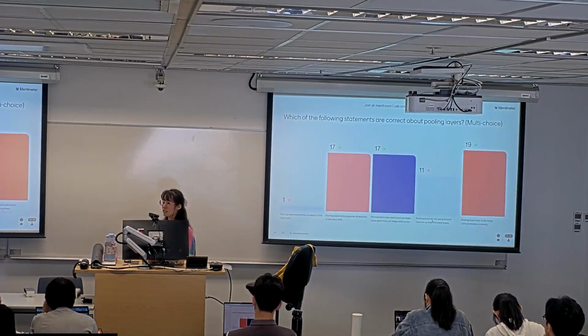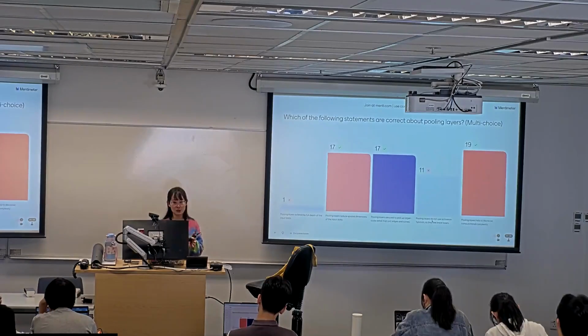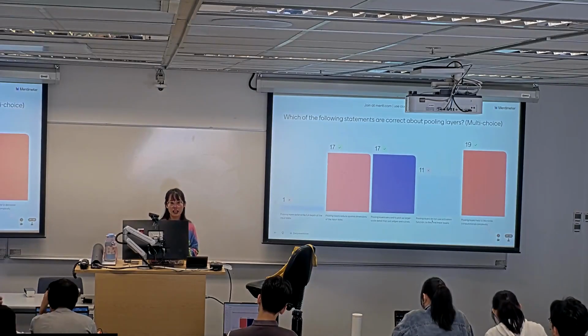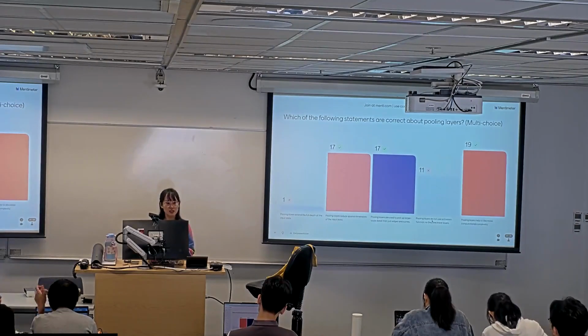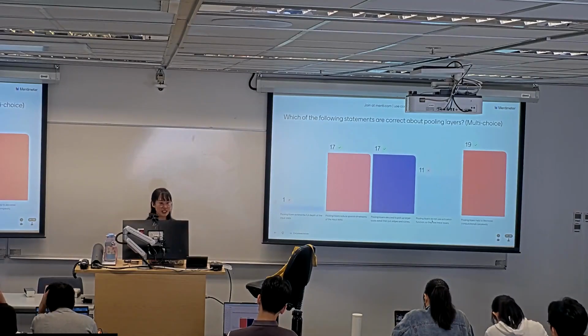If you think about what max is, you consider a subregion and take the maximum value, or you consider a subregion and take the average. Actually, those operations are not linear, right? They operate on these subregions and get non-linear filters to do the pooling. So the second half is not correct.